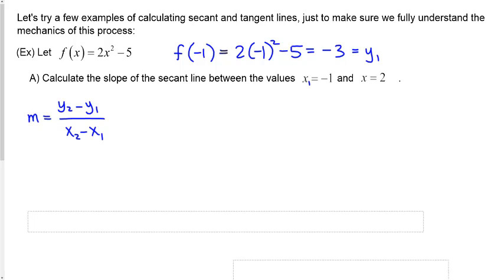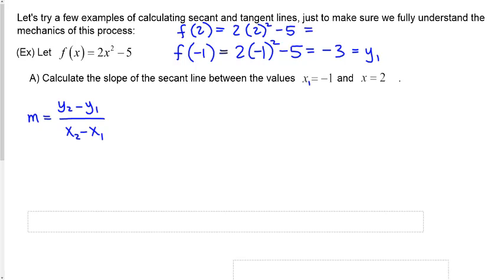So that's the y coordinate associated with x1. So that's my y1. And similarly, y2, if I just plug into my function, and I'm kind of out of space to do that, so I'll just write it small here. f evaluated at 2, this would be 2 times 2 squared minus 5.